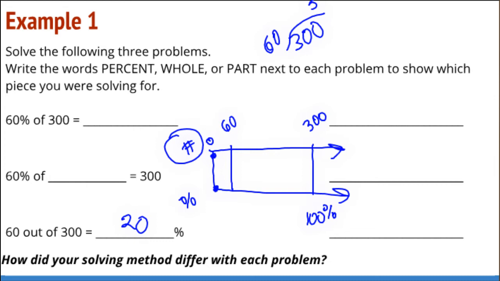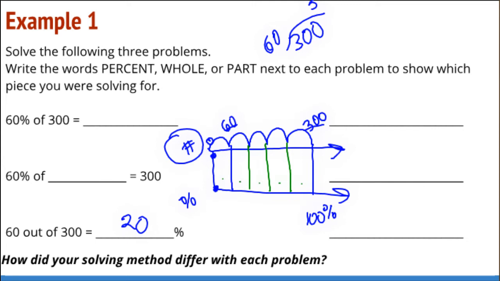So in some ways, what you're looking for is the greatest common factor of these two numbers. And I know that's something we haven't worked on yet, but that's what we're looking for. So 60, 120, 180, 240, 300. And what has happened here, as I have done my counting, is I have divided that 100 into 1, 2, 3, 4, 5 parts.